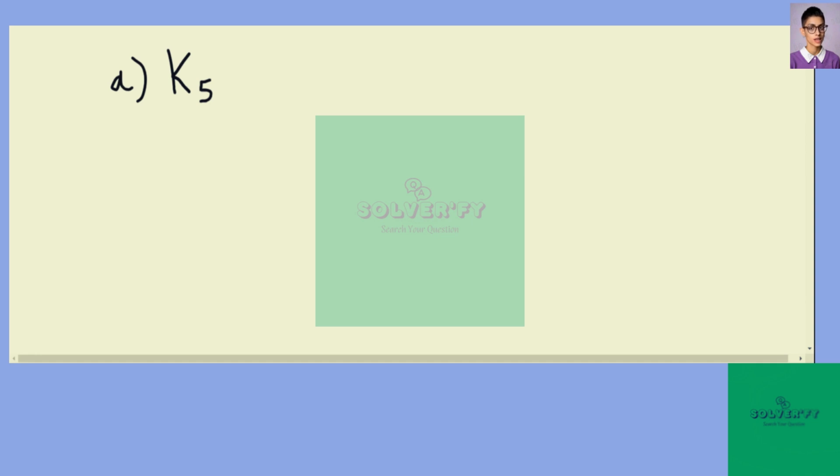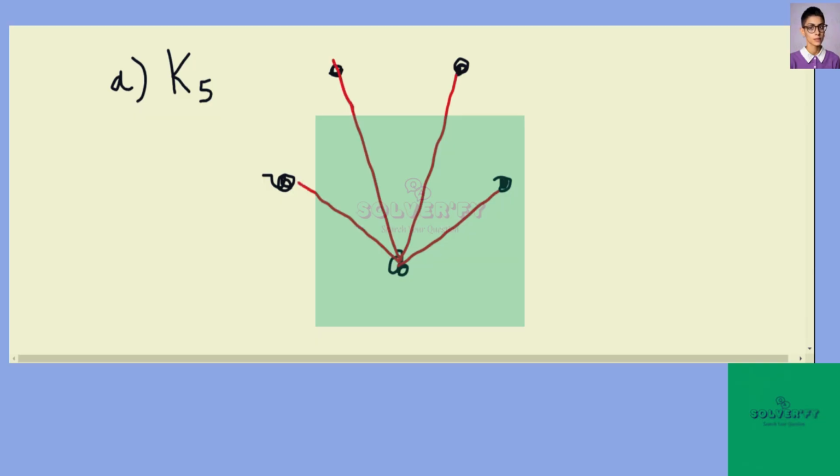We draw this just by drawing a sort of pentagon. Because it's a complete graph, every vertex has an edge with every other vertex.